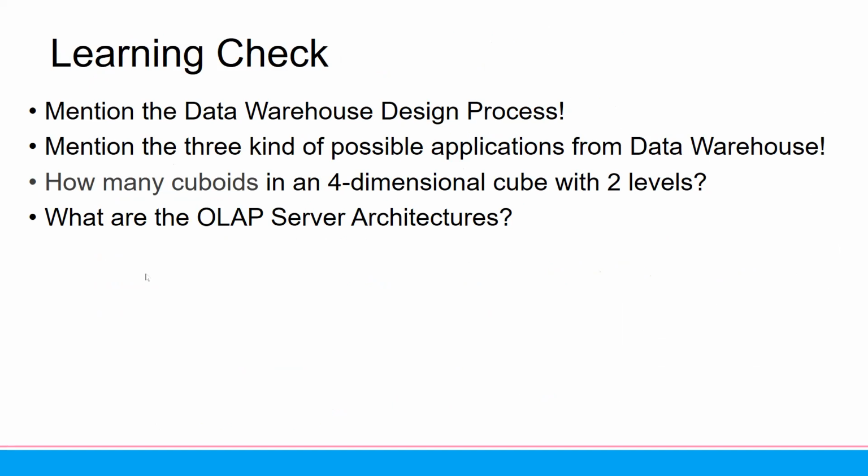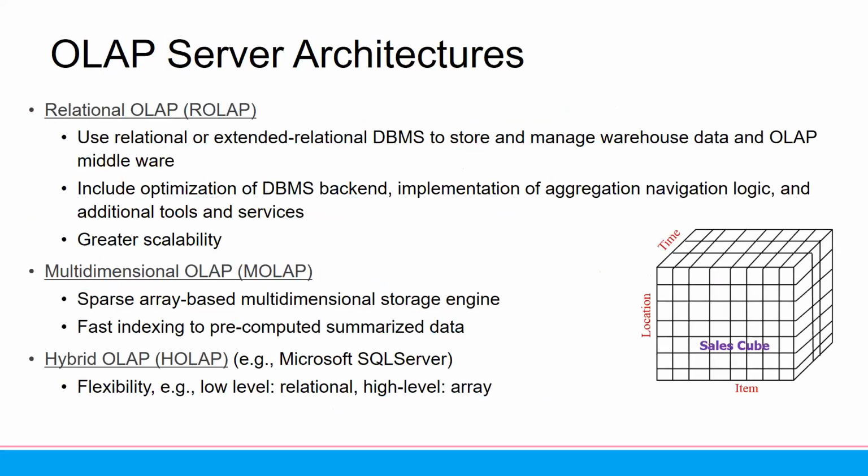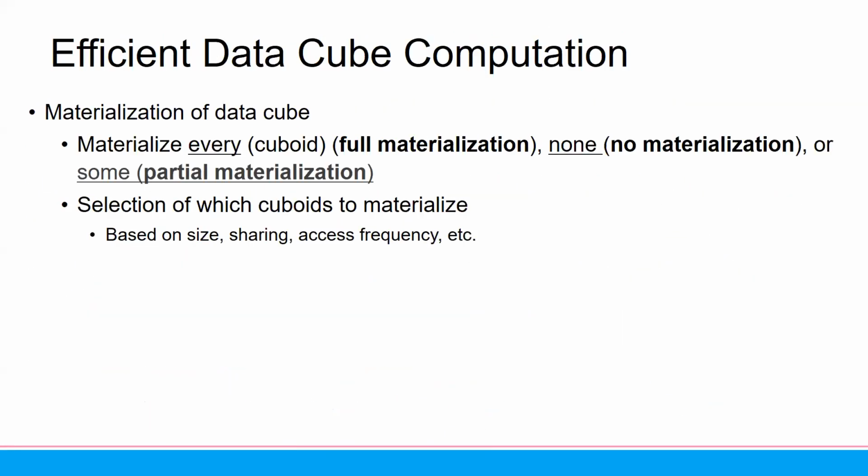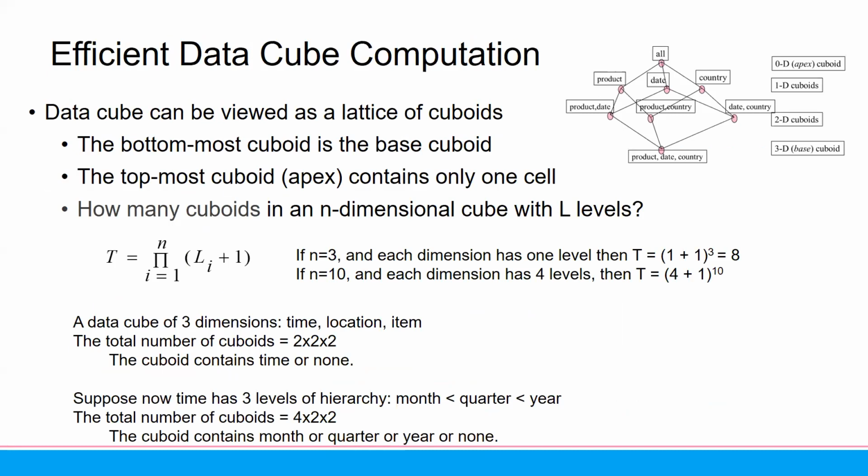How many cuboids are there in a four-dimensional cube with two levels? The formula here shows L is the level, and we multiply over the levels.